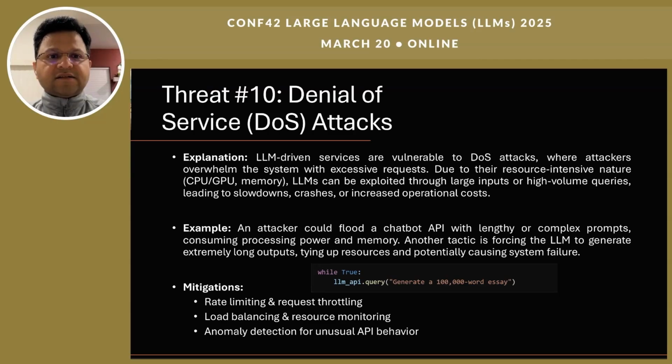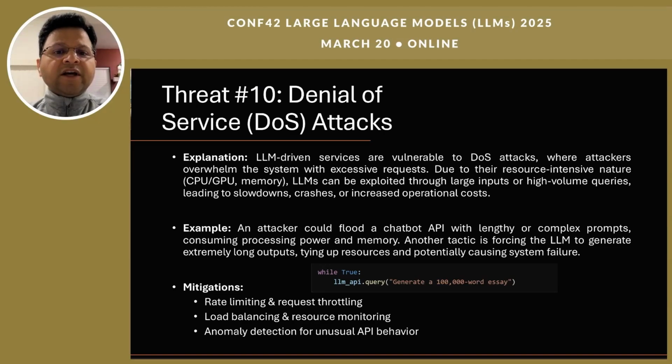Denial of service attacks. LLMs require significant computational resources. Attackers can exploit this by sending massive or complex requests that bog down the system, launching a denial of service attack. The servers respond slowly or crash, denying legitimate users access. Additionally, inflated usage can incur hefty cloud bills.